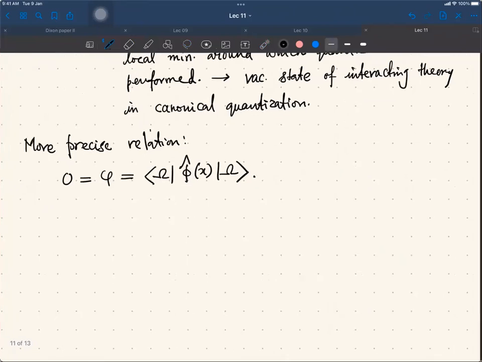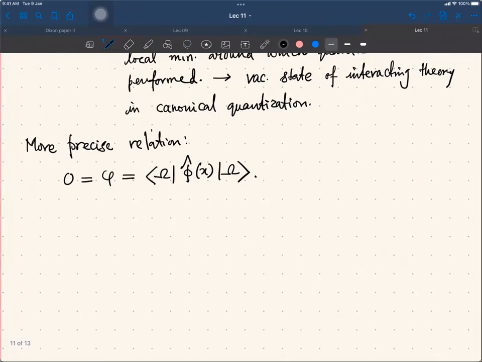This is again to motivate such a relation, you should go back to the non-relativistic quantum mechanics. So recall non-relativistic quantum mechanics, say of harmonic oscillator.